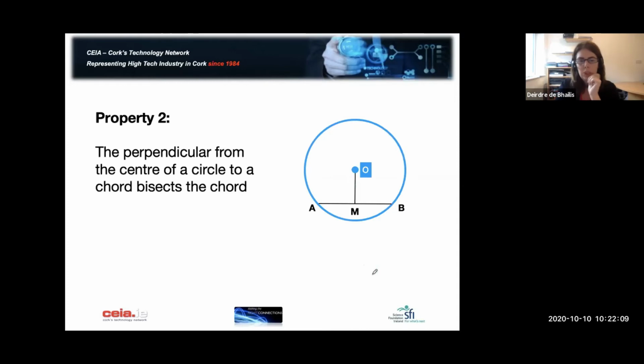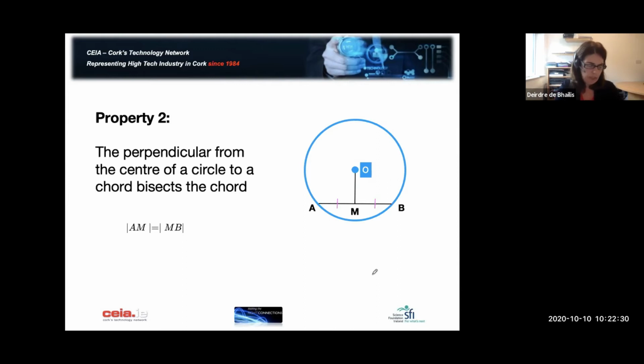So property number 2, the perpendicular from the center of a circle to a chord bisects the chord. So that means that the distance AM is equal to the distance MB. Those two lines are equal.